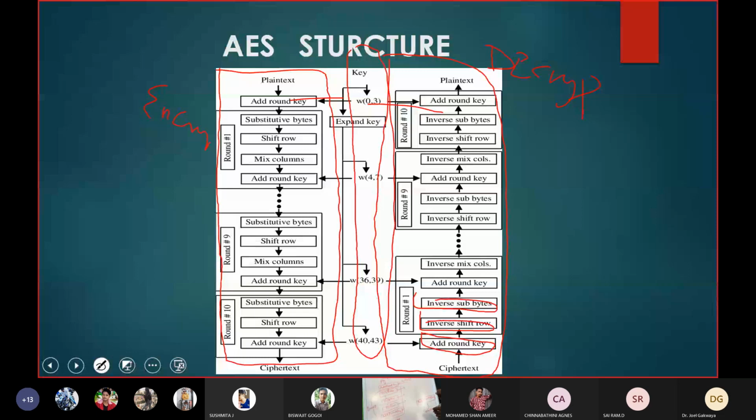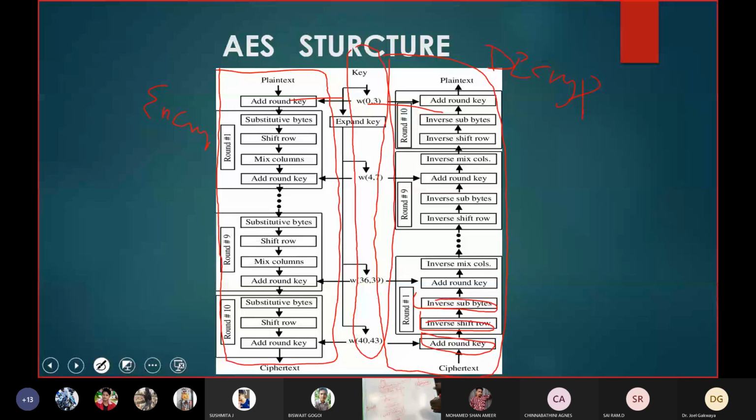Ciphertext is the input in round 1, or let me write it like this so you can understand. For the decryption, I'm going to take a ciphertext as input. CT as input is going to go to the add round. This is for decryption, clear?